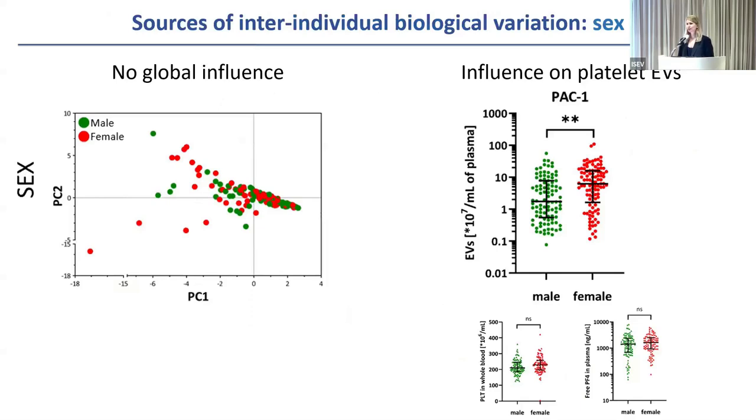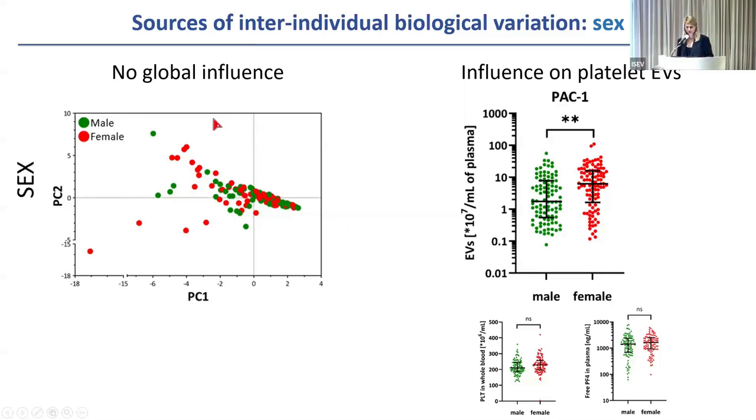Of course, we were interested to learn more, so we did complex association analysis, trying to understand what are the major sources of this biological variation. The first observation was that there's no global effect. It's not that one subject's parameter would affect the whole population of EVs in blood.